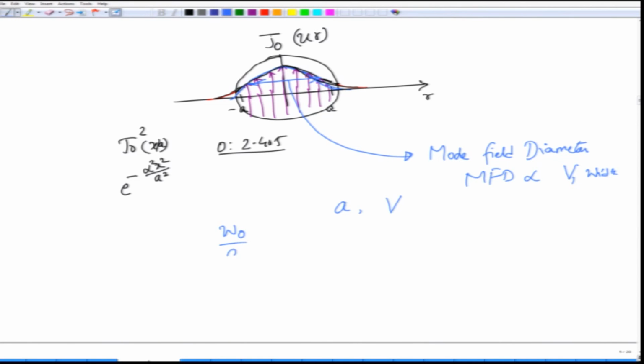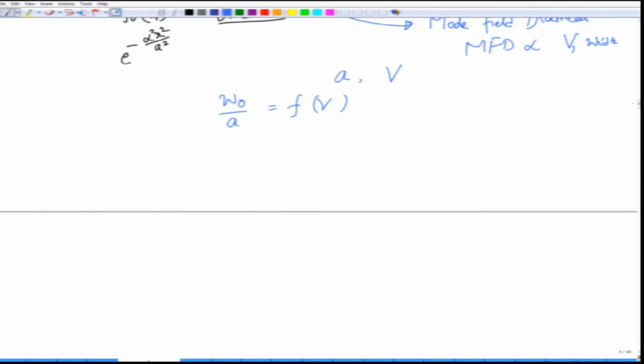So W0 by A is some function of V and some fitting parameters. This is not theory, there are just fitting parameters that are obtained from experimentally measuring the mode field. Okay. So this is what the lowest order mode and its mode field diameter is.